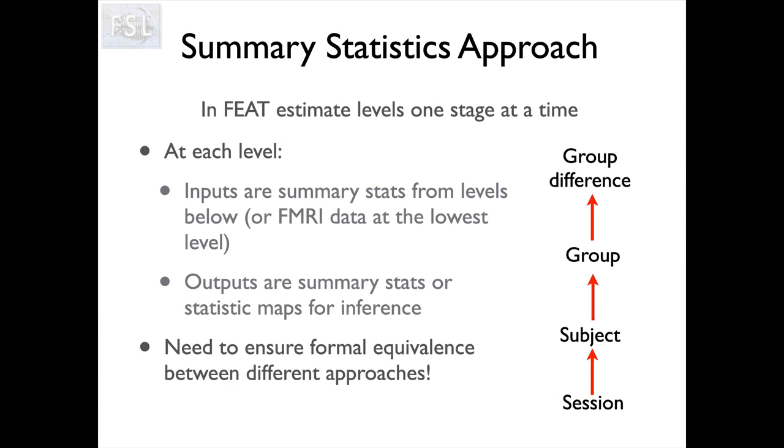If you do have multiple sessions, you would analyze each session on its own, and then you would combine them across subjects. But maybe you've only got one per subject, but you still might have a group, and you are still then looking at combining across a group. And as we saw in the previous slides, we can actually have different GLMs at different levels, and that allows us to split things up.